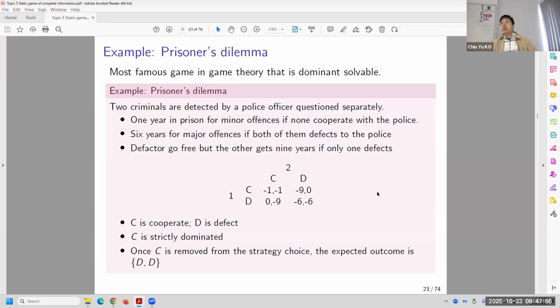That's why the mafia and triad groups have some external way to make sure that C would happen. Either they have violence: if you don't cooperate, I kill your family. Or if you do, I'll take care of your family. There's some way to reward you to make sure C would happen. So there's some collaboration, even though the police are able to separate them.